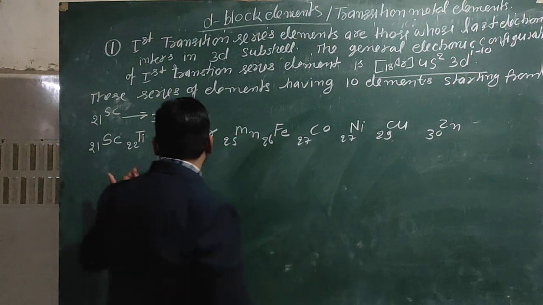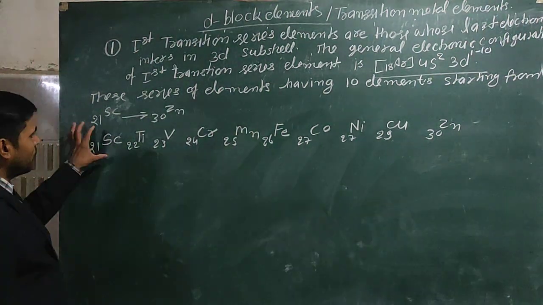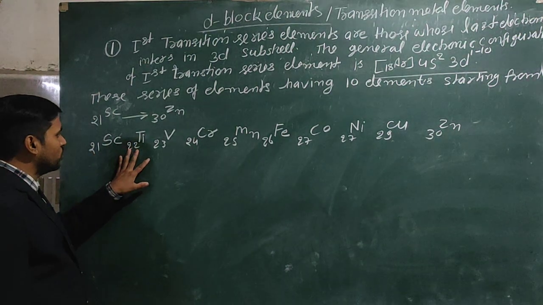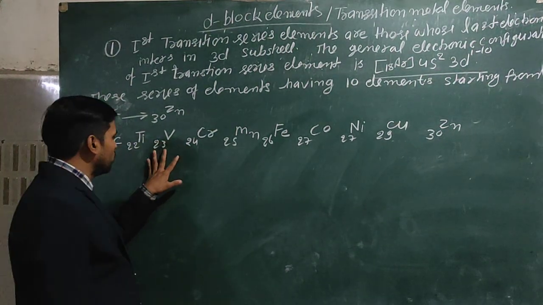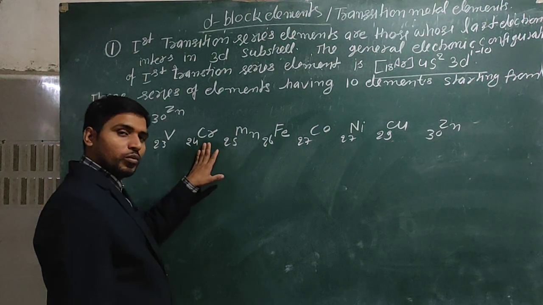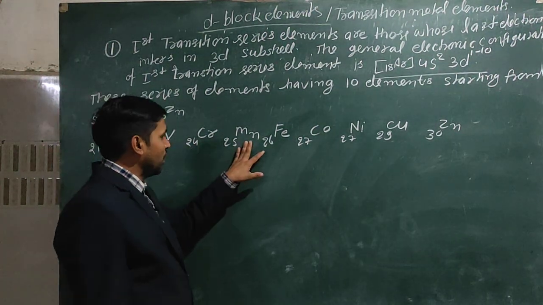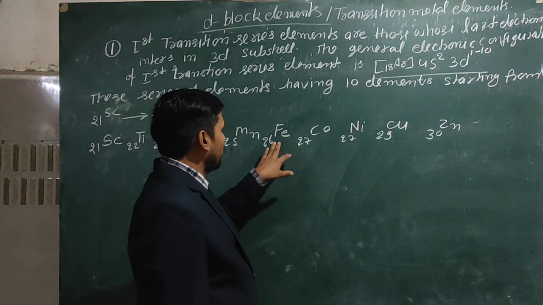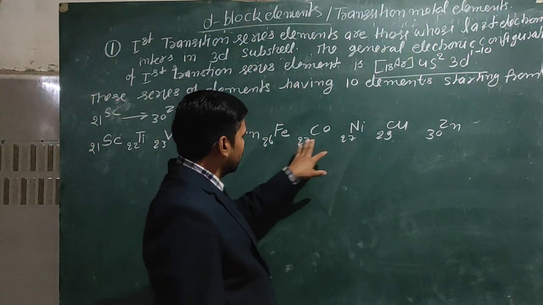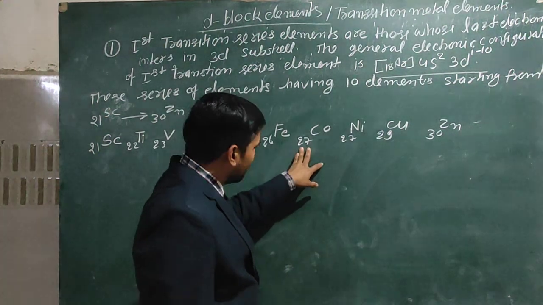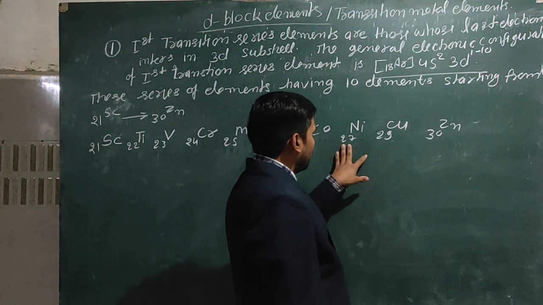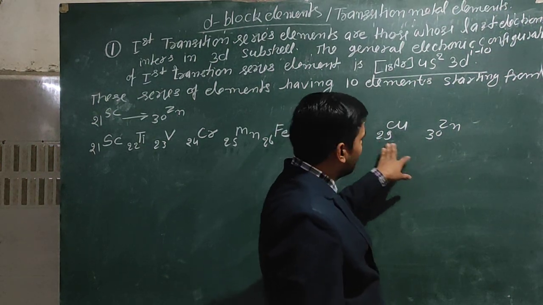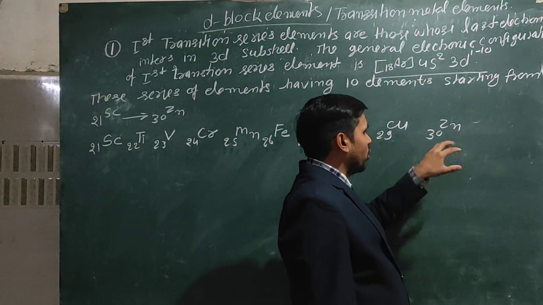You can easily see here these are 10 elements: scandium with atomic number 21, titanium 22, vanadium 23, chromium 24, manganese 25, iron 26, cobalt 27, nickel 28, copper 29, and zinc 30.